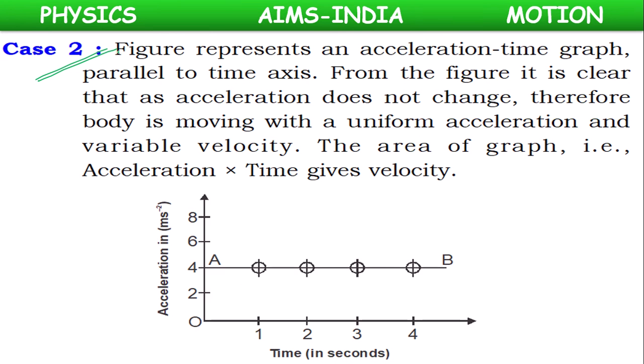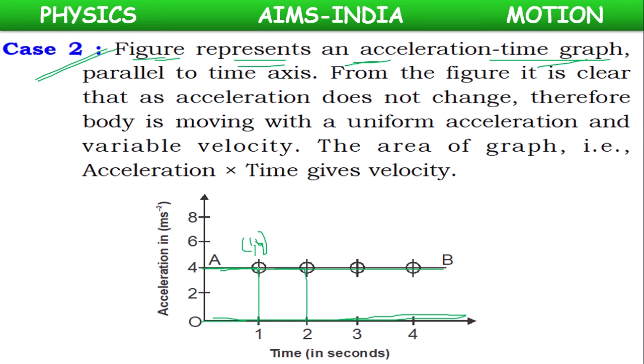Next, case 2. The figure represents an acceleration time graph AB, which is parallel to the time axis. In this case also, at any point, here (1, 4), the x value is 1 and the y value is 4.